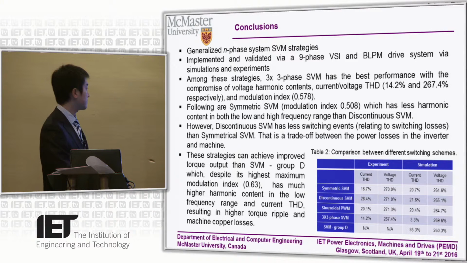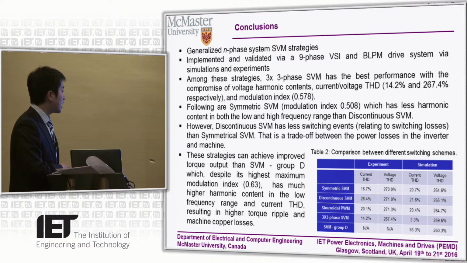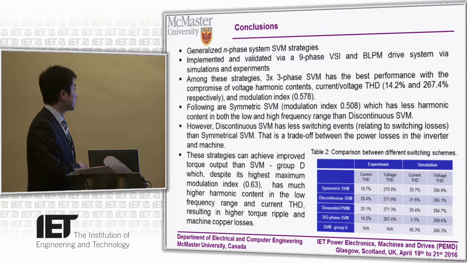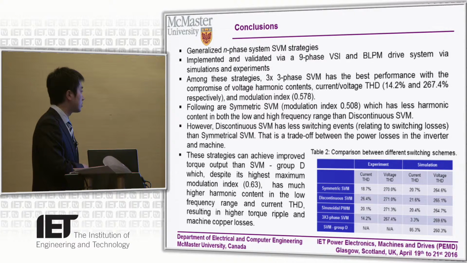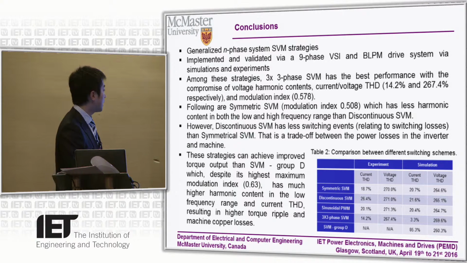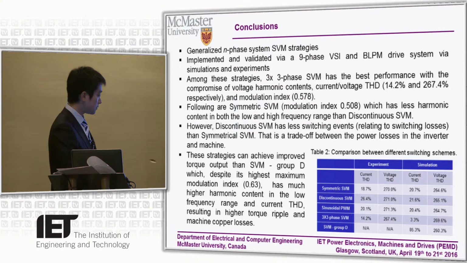vector SVM. Despite the highest maximum modulation index that SVM Group D can achieve, this strategy has much higher harmonic content in the lower frequency range and current total harmonic distortion, resulting in high torque ripple and machine copper losses.